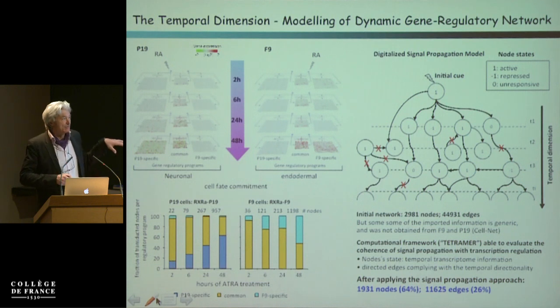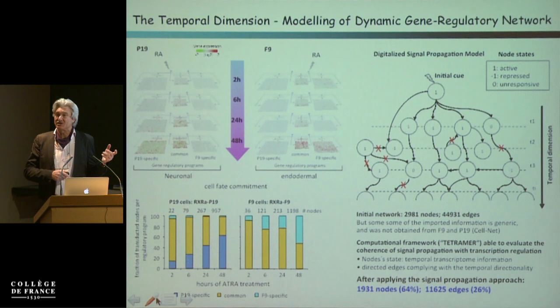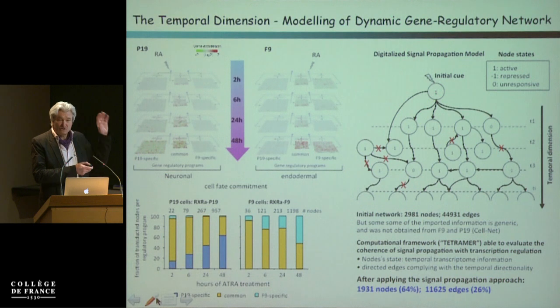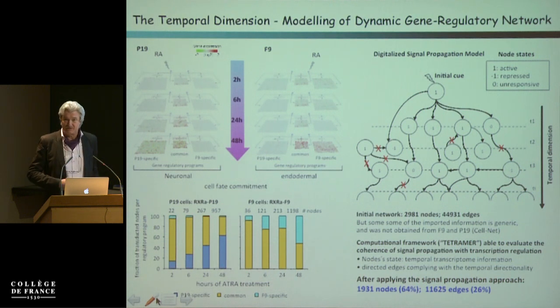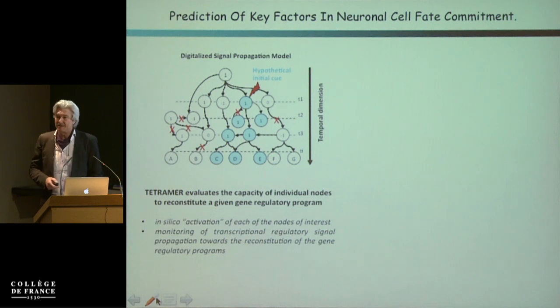And at the end, we have the total readout of the fully differentiated cells. And we ask, is the information which we have put into the network meaningful with respect to the transcriptomes which we have developed for these 2 cell lines? Then we can exclude a certain number of genes, and using this, we have reduced our initial data from 2,900 to 1,900 genes which have a connectivity which is now meaningful and adapted to the cell line.